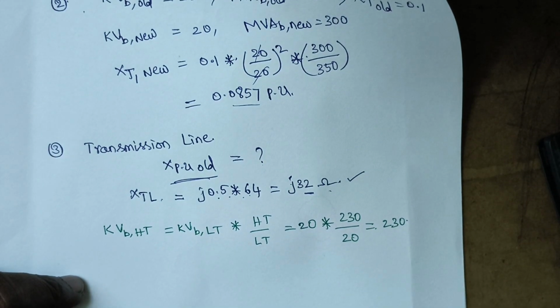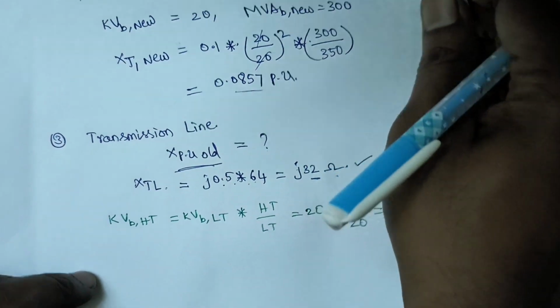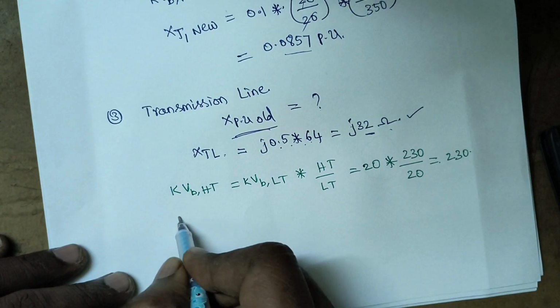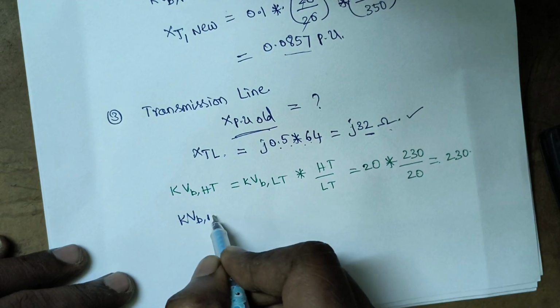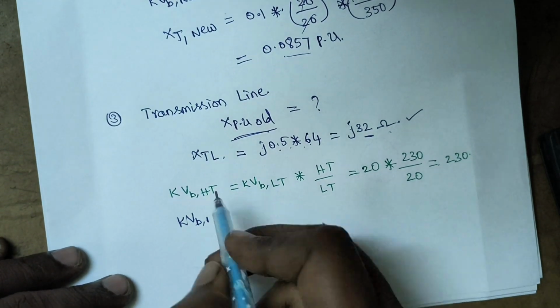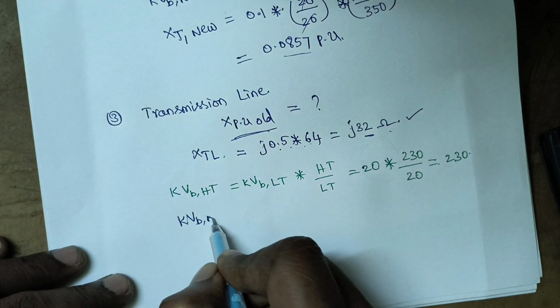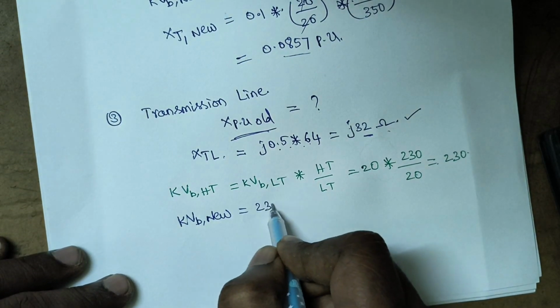This is my new KVB of the transmission line, so KVB new is equal to 230.